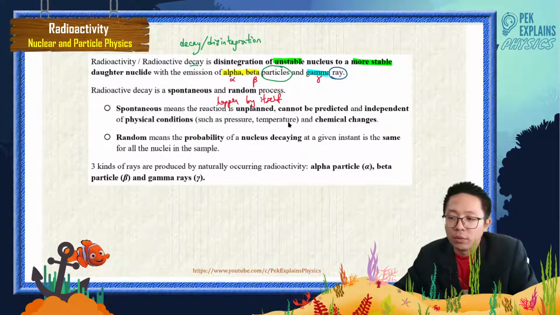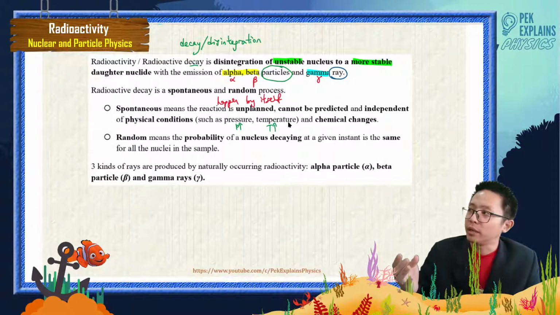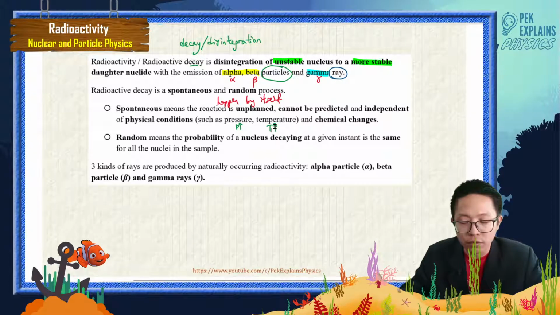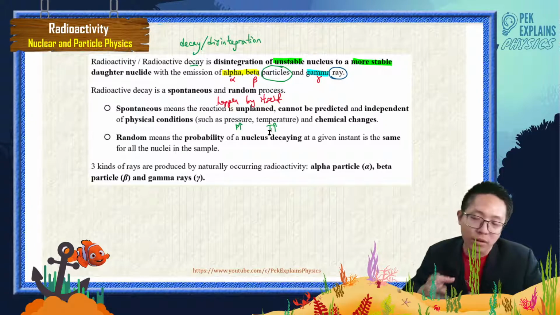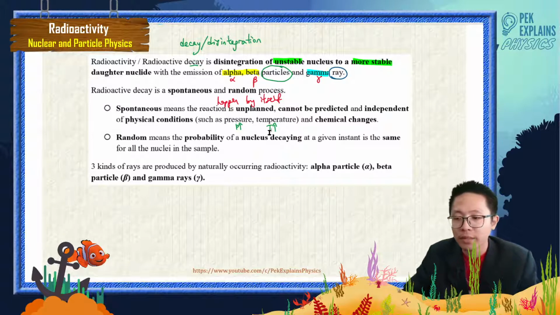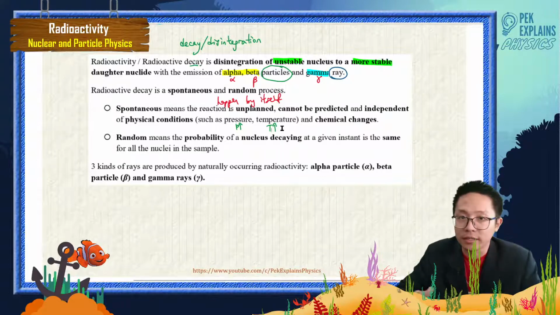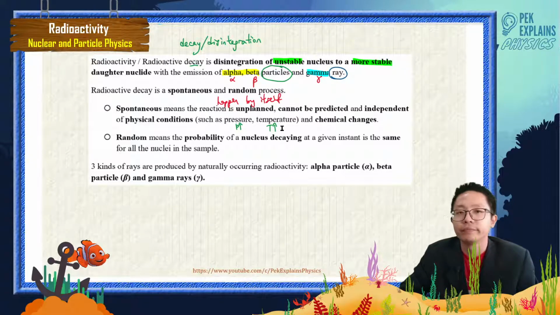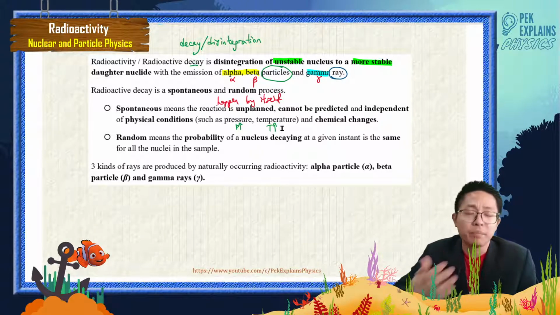We cannot say, oh, we increase the pressure or the temperature, or put the radioactive nucleus under the hot sun, or heat it up, boil it, to make the reaction faster. No, it will not increase the rate of decay. It is independent of temperature.